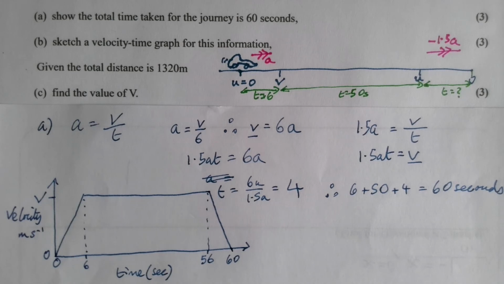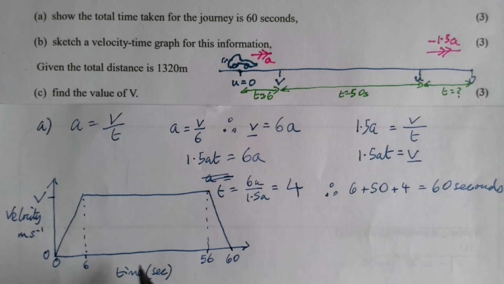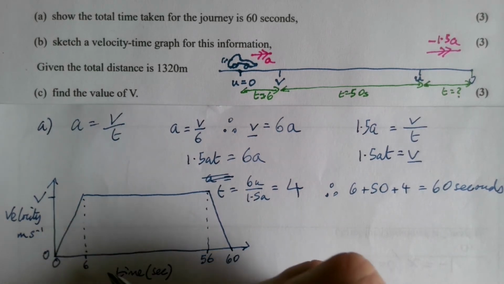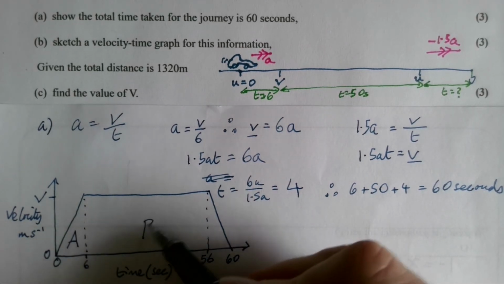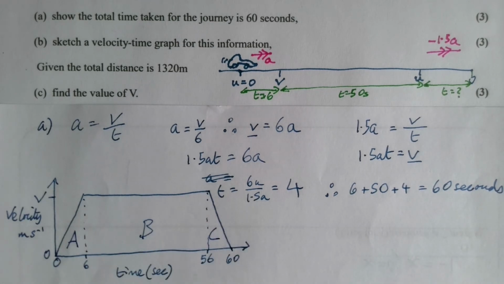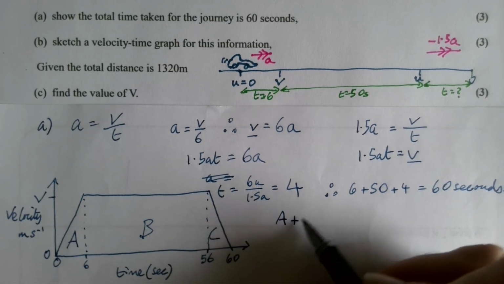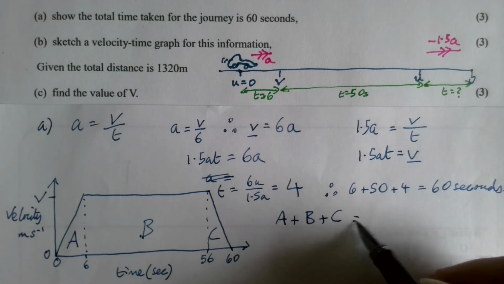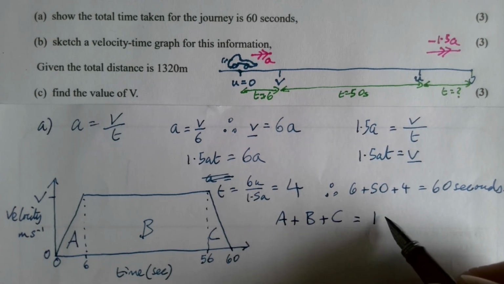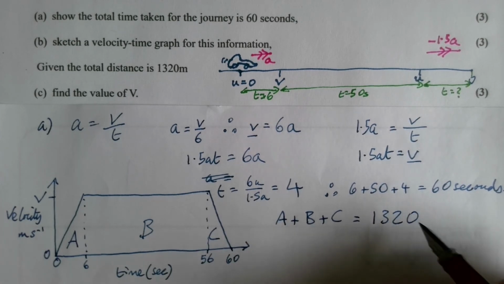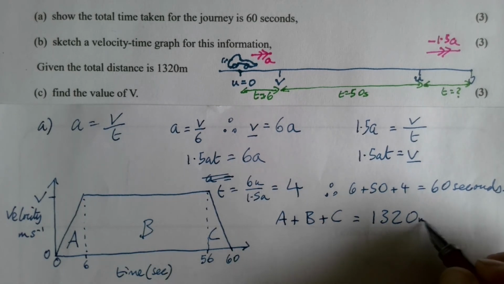Now we're going to use this for part C to work out what the speed is, or velocity, because we're told the distance is 1,320 meters, and the distance is the area under the graph, isn't it? So I'm going to call this region A, region B, and region C, and I'm going to say I know that A plus B plus C is equal to 1,320 meters.